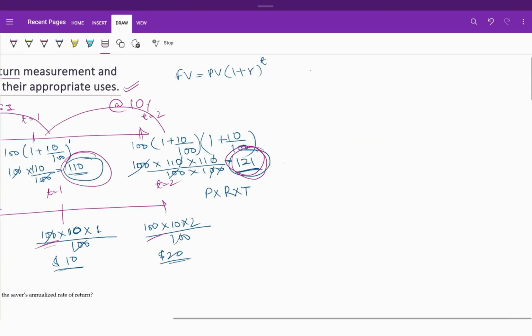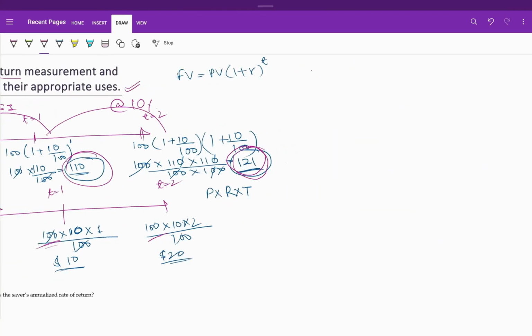In simpler ways, what does this mean is, I start with 100 at time 0, at time 1, at time 2, at time 3, at time 4, at time 5. If I'm assuming that my investment is for 5 years, 100 is going to be there. But after 1 year, I'm going to multiply it with 1.1.